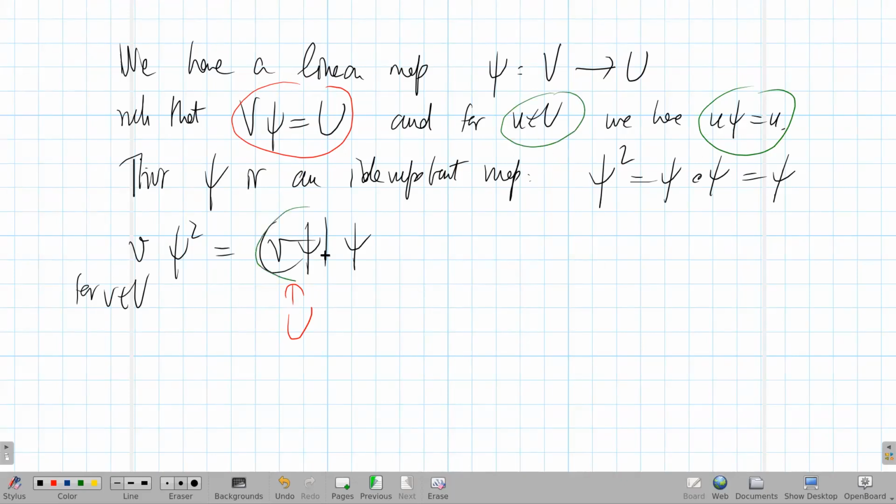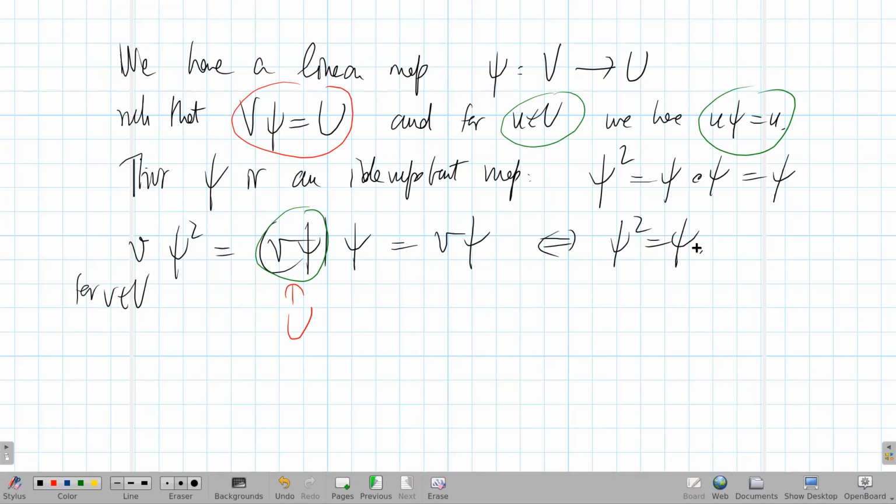This is for all elements of V, so Psi square and Psi do exactly the same thing. This is equivalent to saying that Psi square equals Psi.